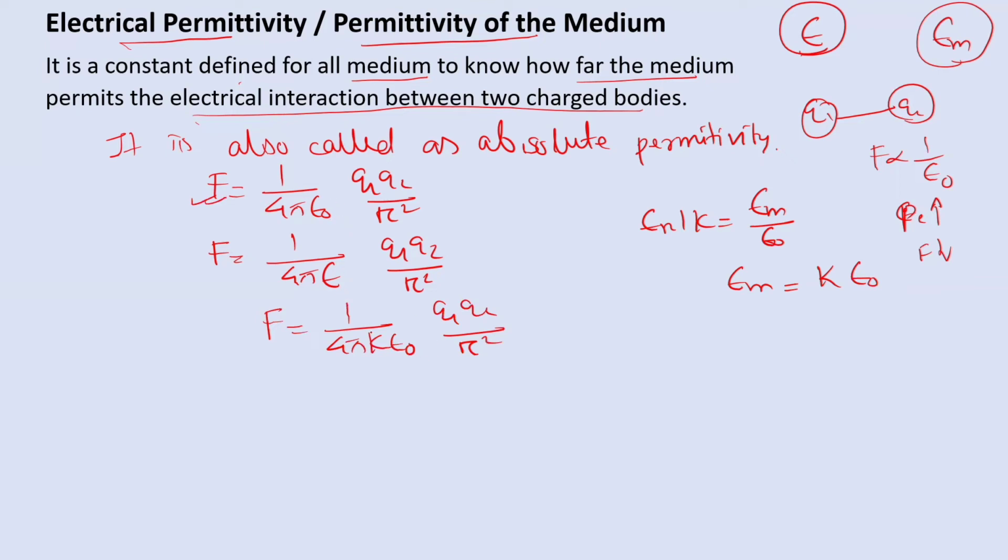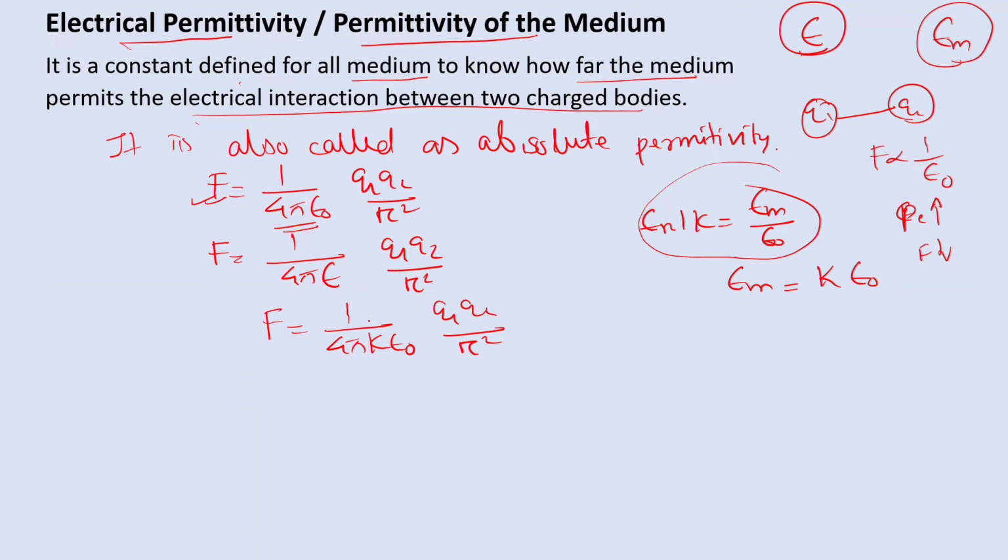If you are asked about the dielectric constant, then you write K and substitute the value from here. Remember, the general form is this. From this general form you write it for the medium, and then substitute the value from this particular ratio. Clear?